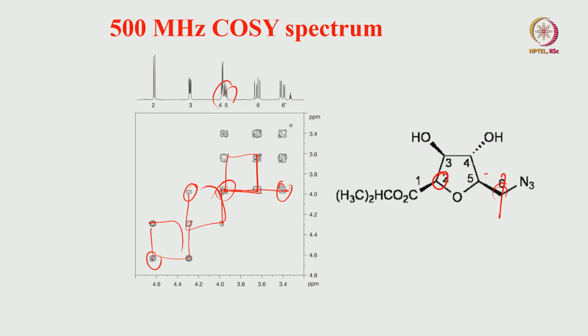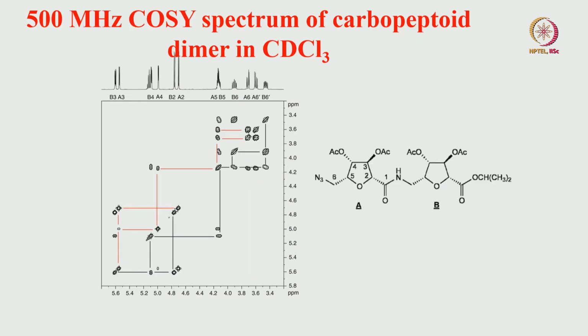If this is 6, the other is 6 prime. So you can continue and complete the assignment. Very simple. Which is 6 and which is 6 prime? You have to use the knowledge of coupling constants. Alright. So if there is a dimer like this, for a molecule like this, there are 2 dimers, a dimer of 2 molecules here and here. How do I assign?